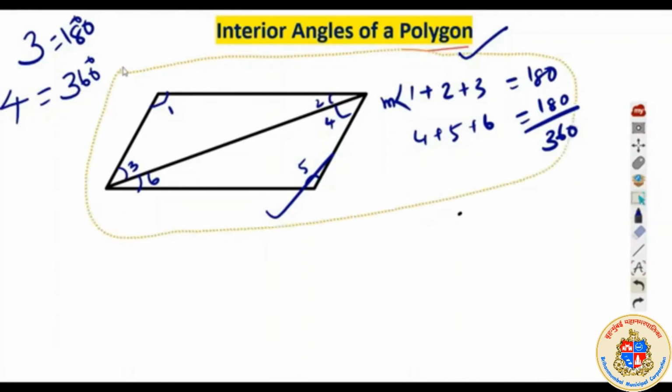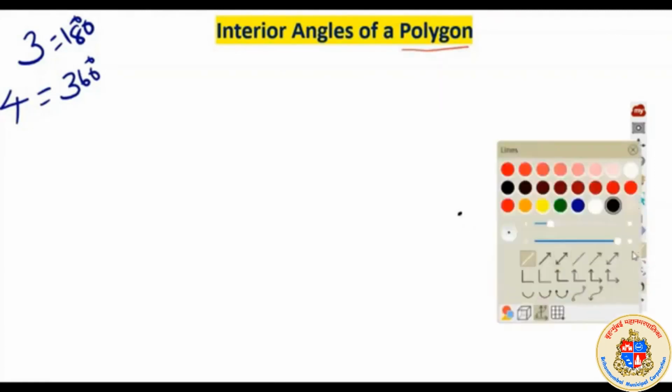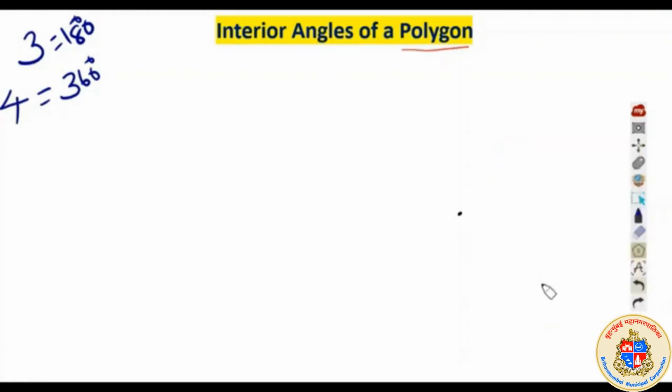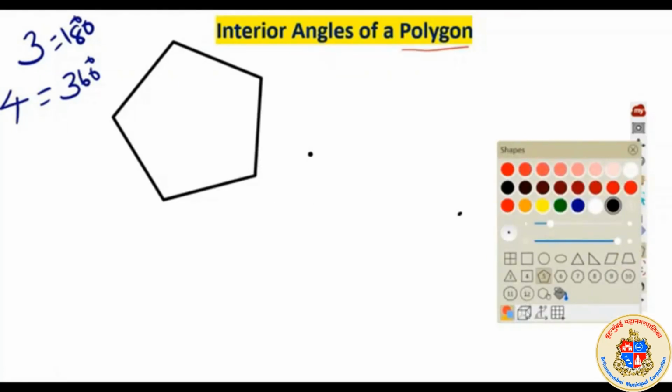Okay, so in that case we will go for a 5-sided figure. Yes, here is a 5-sided figure. What will we do with this? We will divide it into triangles. How to make triangles out of this?